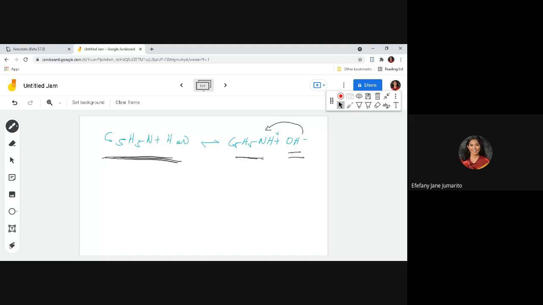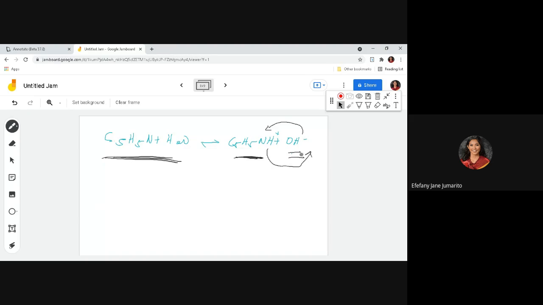Okay, what is our conjugate acid here? Remember, an acid donates a proton. If you identify that as the conjugate acid, make sure that in the reverse reaction it will produce the original. What if C5H5NH is our acid?